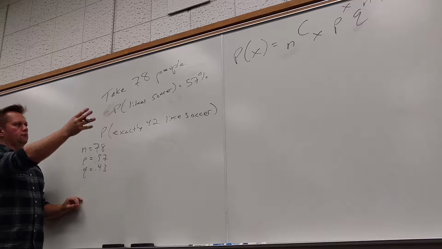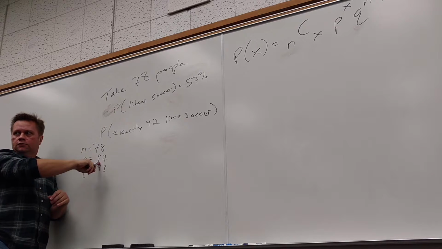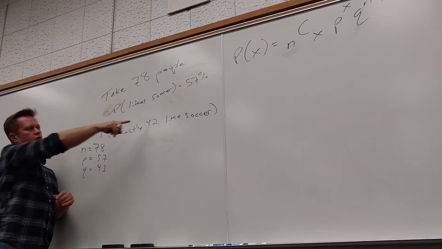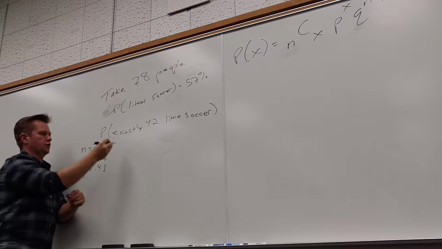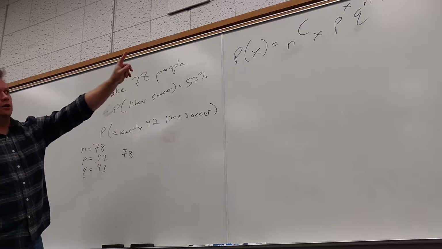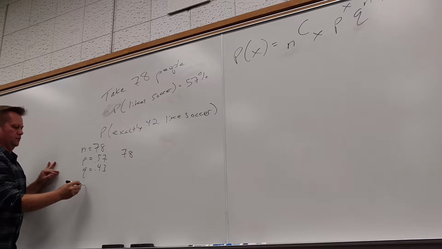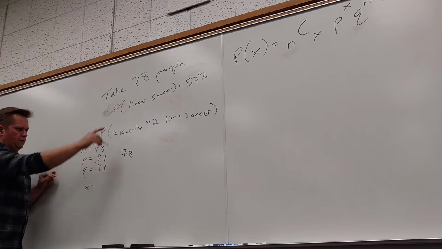So what do I want to do? I want to have 78 people, and from those 78 people, I want to choose 42 of them to like soccer. So I got 78 people, and you can just plug and chug. Of course, now I know what N is, I know what P is, I know what Q is. What's X for this problem? Yeah, 42. I like it.